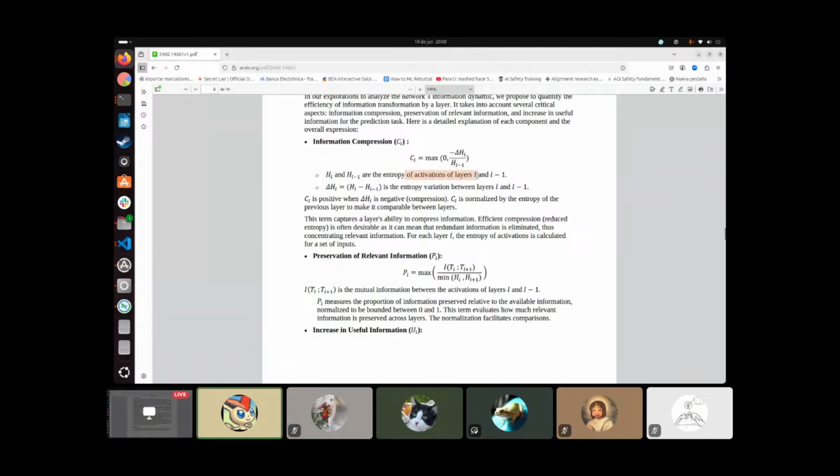Compression is the entropy of activation of layers and the entropy of activation variation between layers.